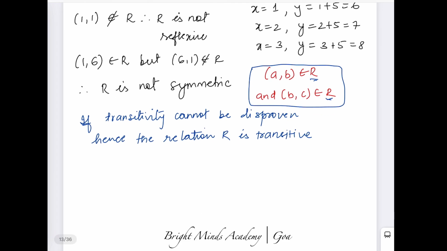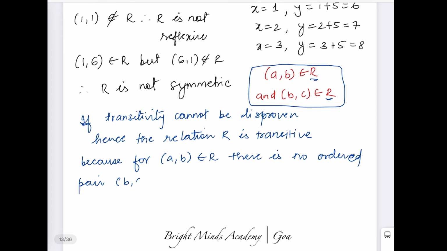Now why? Because for a comma b belonging to the relation, there is no ordered pair b comma c belonging to R. This is happening because a comma b is there, but there is no such element as b comma c belonging to R, so you cannot disprove.